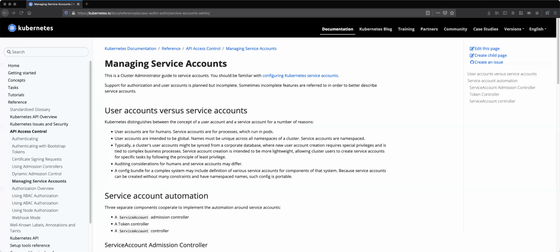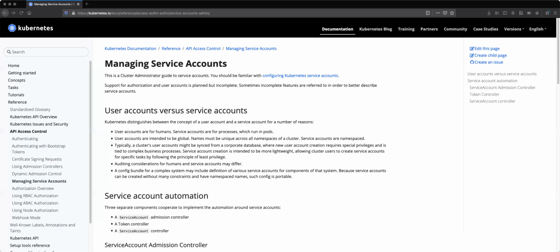And also, is it possible for multiple secrets to be associated with a service account? And finally, the last question. What is the job of the service account controller?